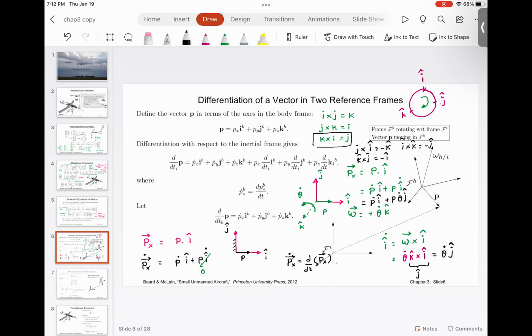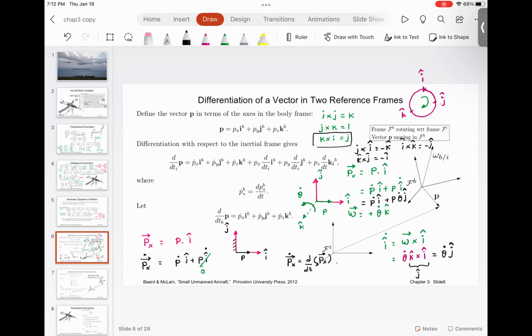Everyone understood this? Same logic we would apply when we take the derivative of angular momentum. Remember Newton's second law? Rate of change of linear momentum is force. Rate of change of angular momentum is torque. Same logic.